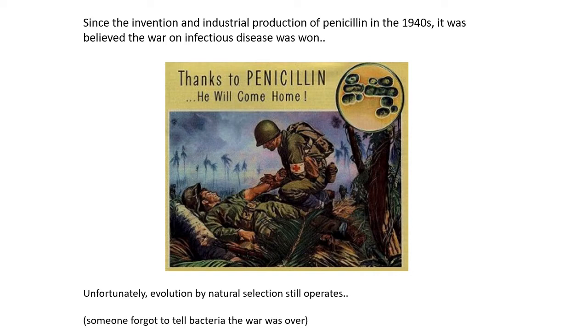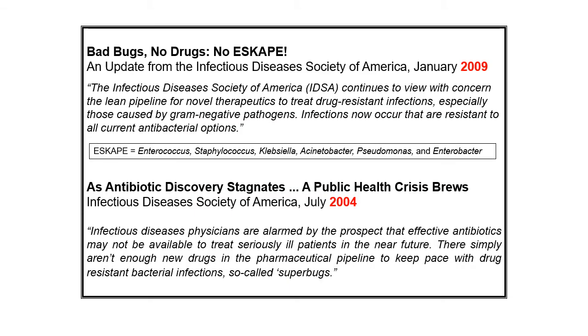But as you all know, there has been evolution of antibiotic resistance to these new drugs almost ever since the first drugs were introduced. And there's a lot of current concern about evolution of antibiotic resistance. Sometimes you will hear about the ESKAPE pathogens. These are Enterococcus, Staphylococcus, Klebsiella, Acinetobacter, Pseudomonas, and Enterobacter.